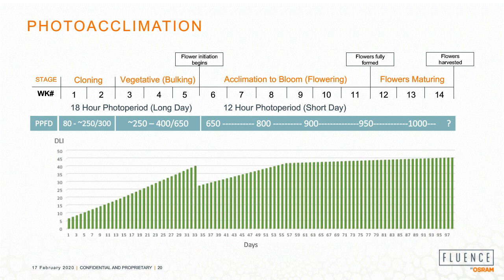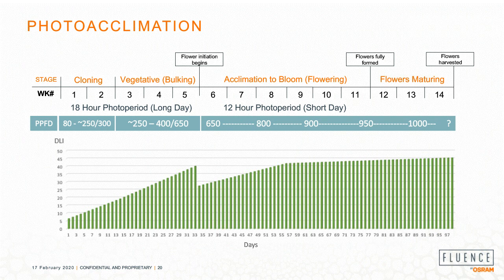Either when you switch over to the flowering cycle, go in under very high light intensities. When I say very high, I'm talking about 950 and up, or use the strategy that we're talking about today, which is photoacclimation. And so this is a buildup that growers can utilize in their grow to maximize the light absorbed by their plants over time, right?